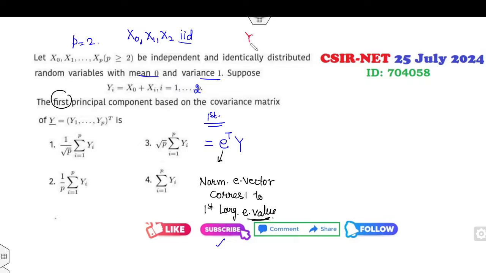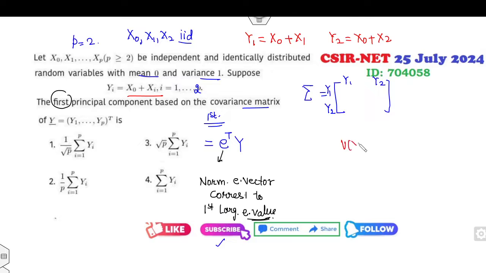Firstly, what is y1? Y1 is x0 plus x1 based on this rule. Y2 will be x0 plus x2. Then can you define the covariance matrix corresponding to y1 and y2? What is the variance of y1?